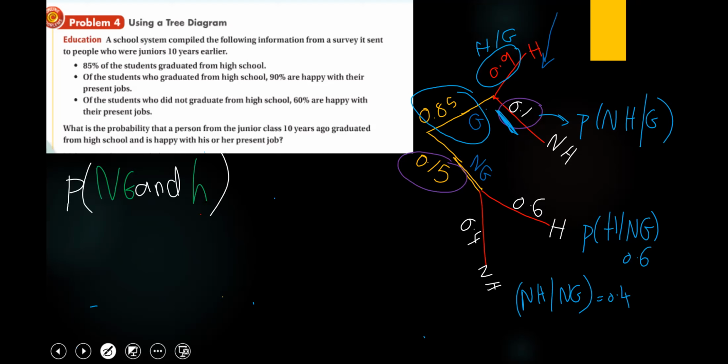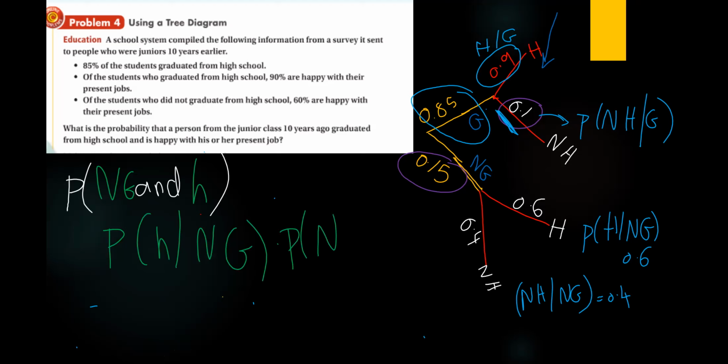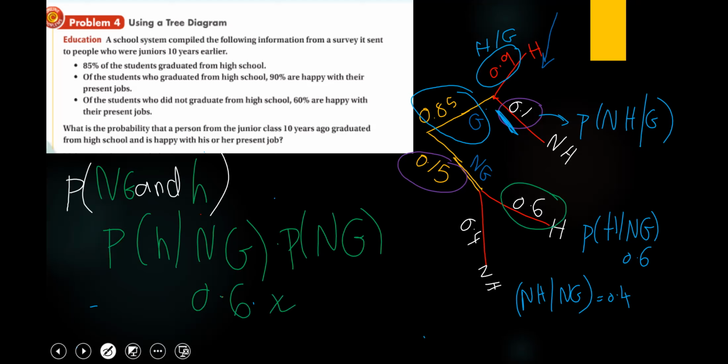So what do you have to say here? Happy given that not graduated, times the probability of not graduated. Is it right? Yes. Happy given that not graduated, we have 0.6, and the probability of not graduated, we have 0.15. Is it right? Yes.